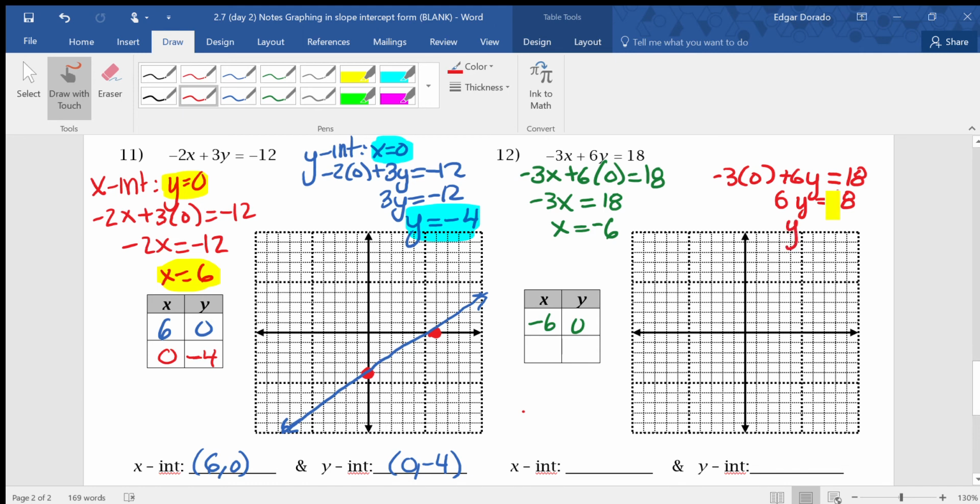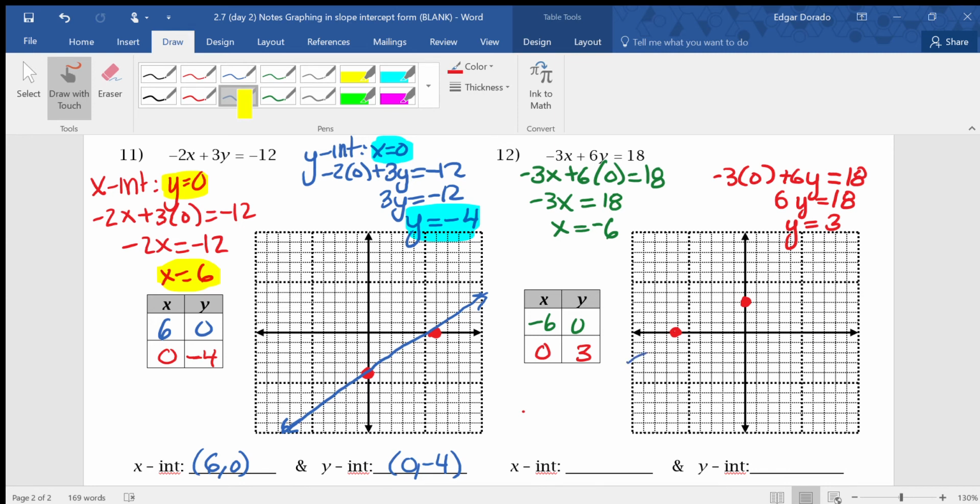Divide by 6 on both sides, I get y equals 3. All right, so my y-intercept here is 0, comma, 3. Let's graph both those points. So 0, comma, 3 is right up here. And negative 6, comma, 0 is right there.